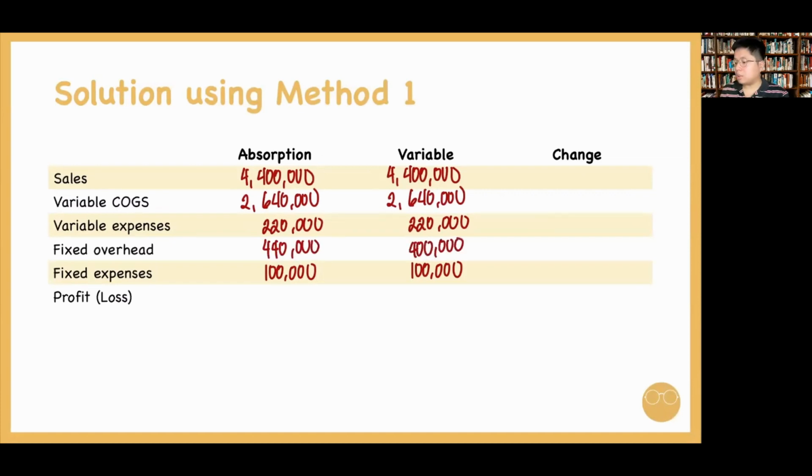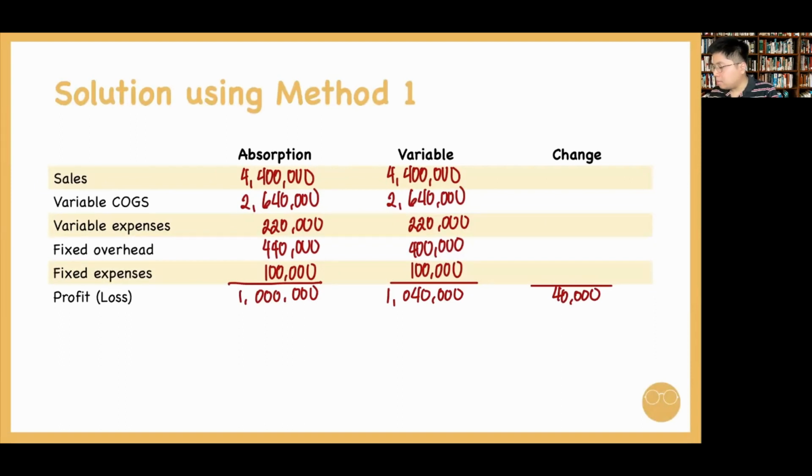Then let's get the total for absorption costing and variable costing. This is equal to 1 million and this is 1,040,000. The difference is 40,000, the profit under variable costing being higher, so we should determine what causes this difference of 40,000 pesos.